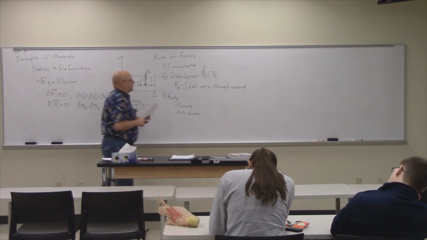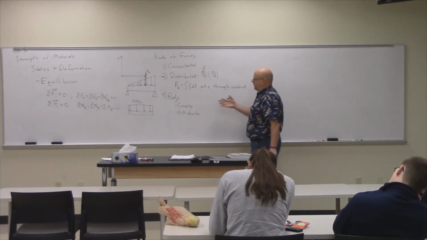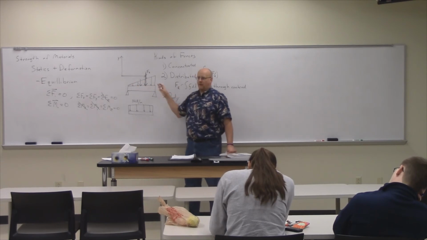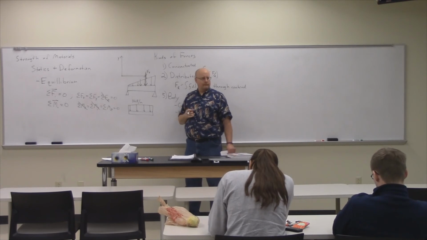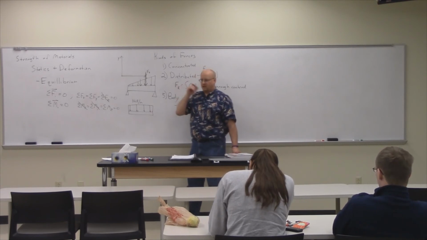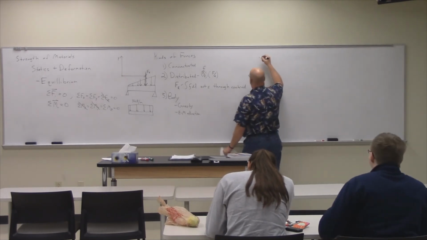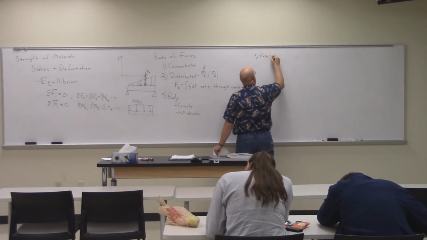All right, next, in this picture, have I drawn all the forces on this beam? What am I missing? Reaction forces, right? We've got to draw the forces at the ends. So we have another category of force, reaction forces.